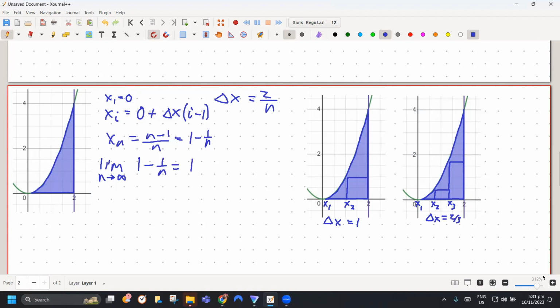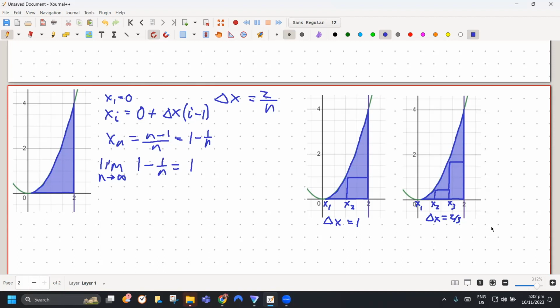2/3. So, 2 minus 0 divided by 3, right? So, 2/3. That's the spacing. Then, how is x1 related to x2? Express x2 in terms of x1.